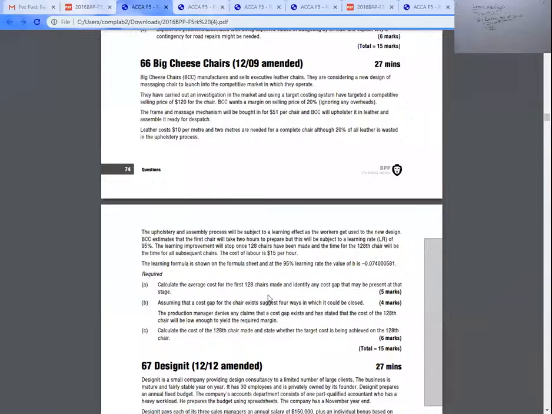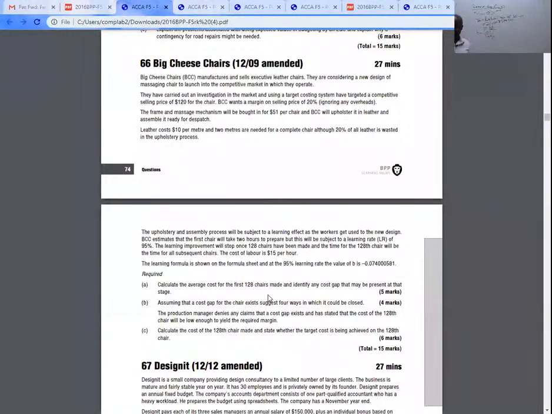Brilliant. From there, ladies and gentlemen, the next thing will be about B. B is what we call the learning index. To get the learning index, we normally take log R divided by log 2, where R is the learning rate.